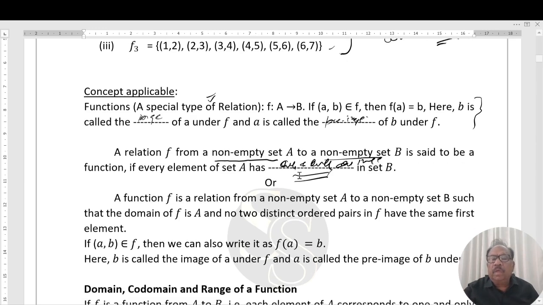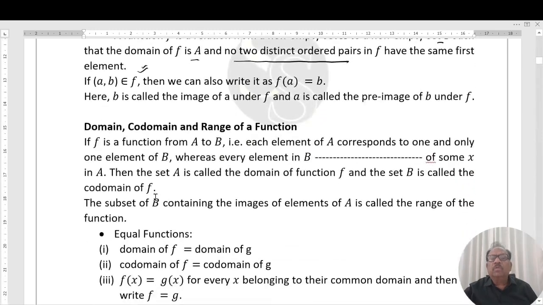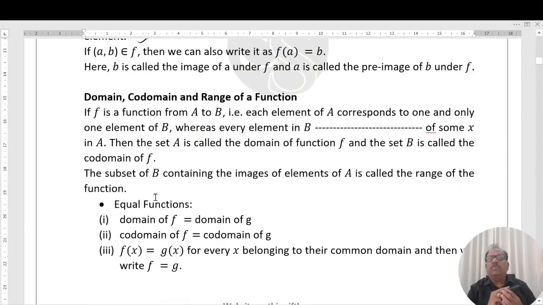Now, second definition: a function f is a relation from non-empty set A to non-empty set B, such that domain of f is A and no two distinct ordered pairs of f have the same first element. Same thing. Now I will discuss the question: what is domain and codomain and range of the function?